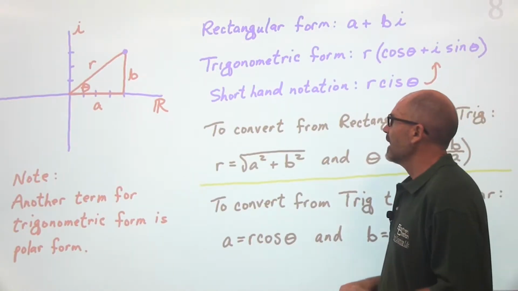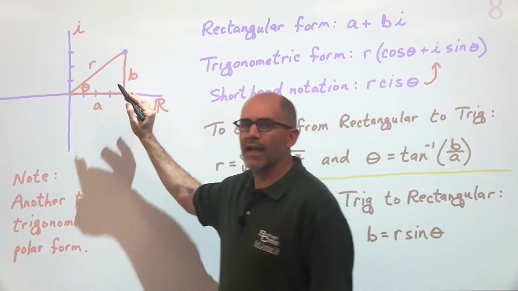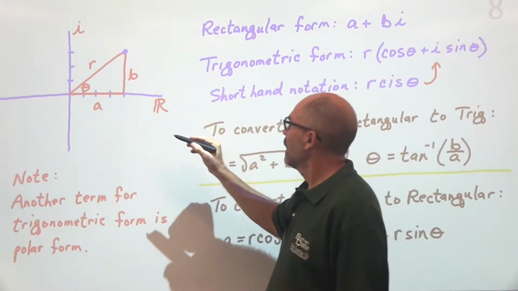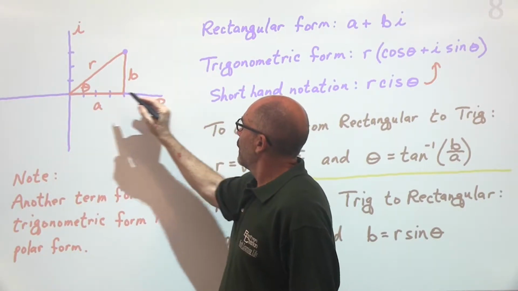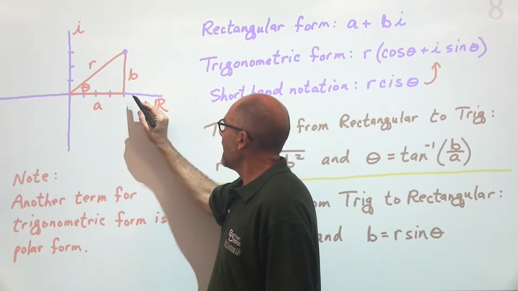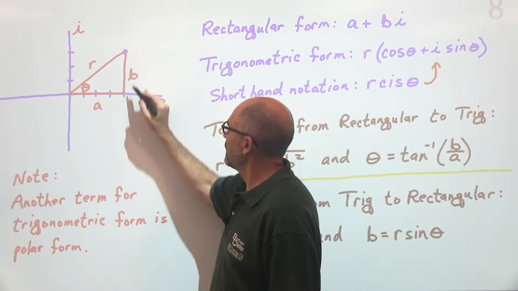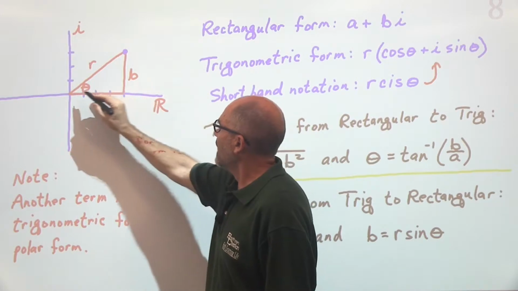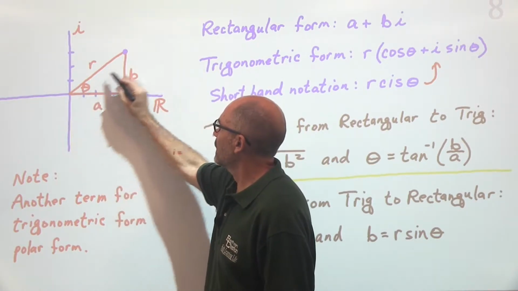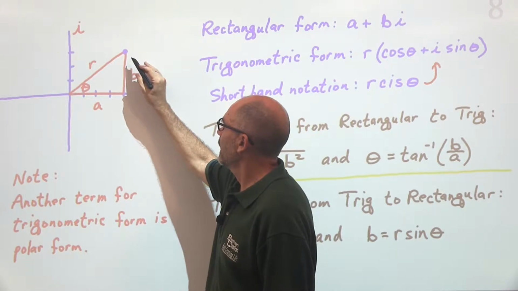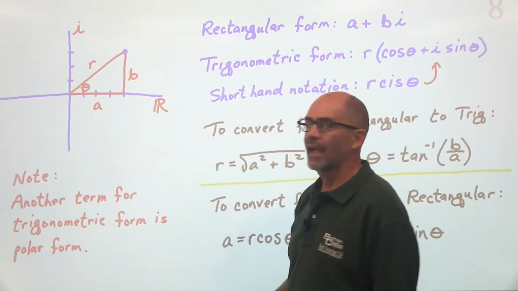Now, let's take our triangle, and we'll put a triangle in the first quadrant of our complex plane. So what we have is some a distance right or left, some b distance up or down, and then we have a radius or a hypotenuse of this right triangle that's the distance from the origin to our point.